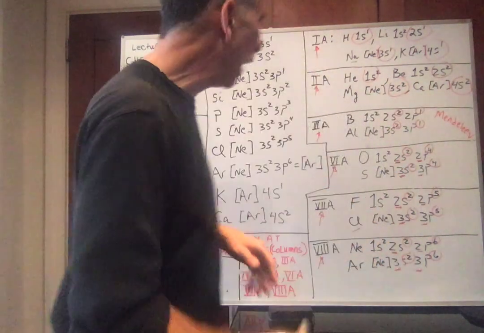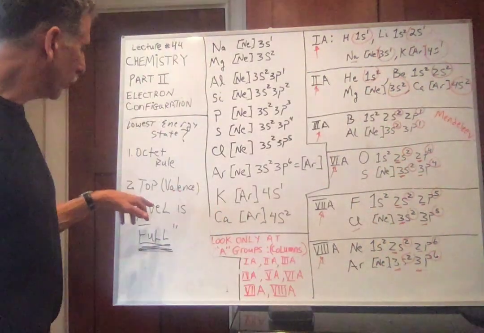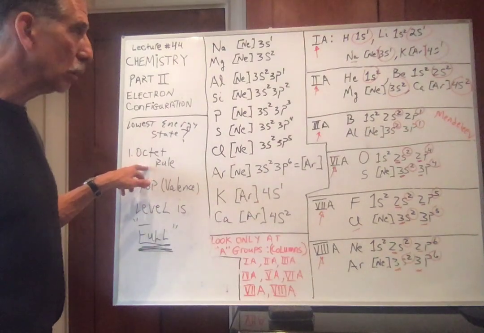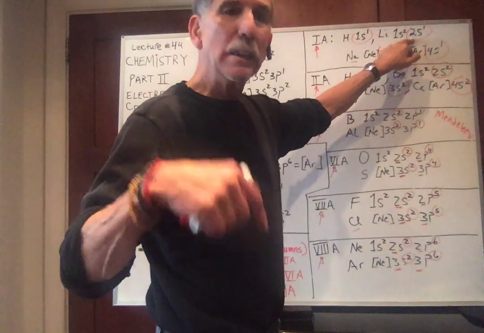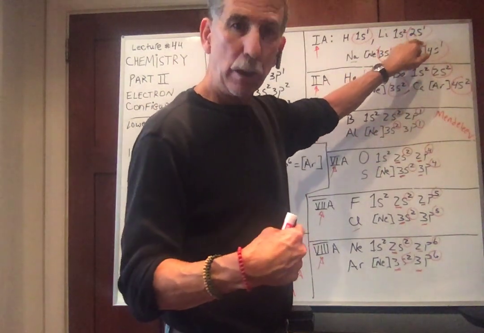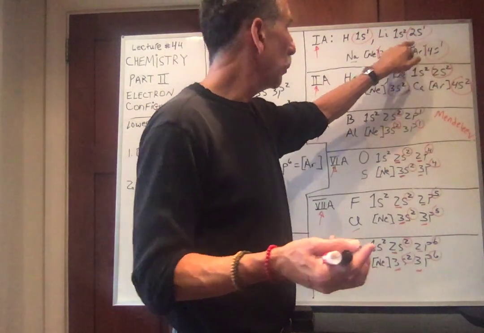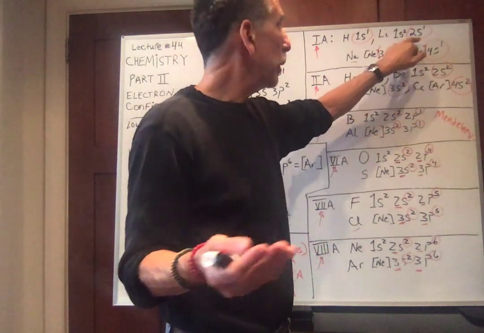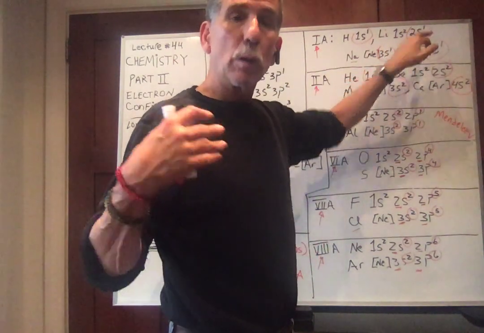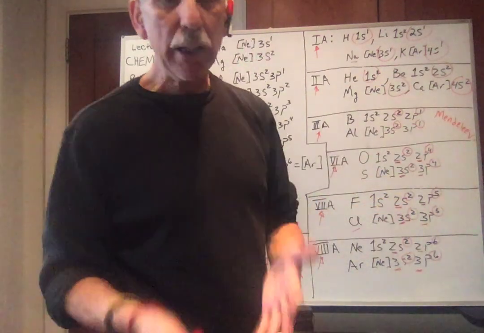If I want to follow the octet rule, lithium would need 7 more electrons to make 8 in the top level. The second level can have 8 electrons, but there's only 1 electron there.